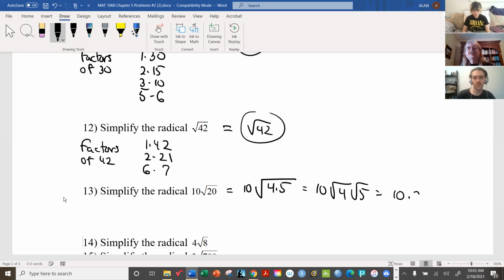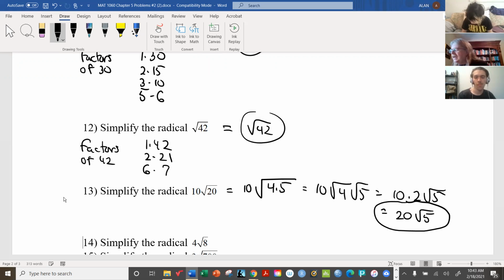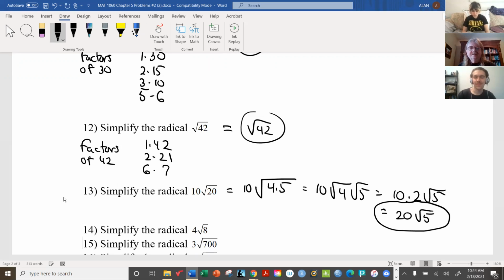So it's 10 times 2 times radical 5. Look at that. 20 radical 5. By radical standards, that's a nice number. It's not as nice as 5, but let's say that's pretty simple. That's as simple as we're going to get it.